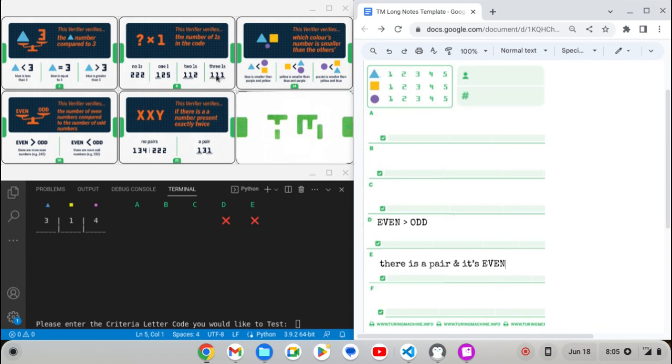Okay, so we know that there can be 3 ones or even 2 ones. The fact that, and I do have a 1, so if it comes up with a check mark, then fantastic. We know the odd is 1, or there is an odd and it's 1. But if it fails, it doesn't really tell me whether there's still an odd or not. It's not a 1. Let's see.